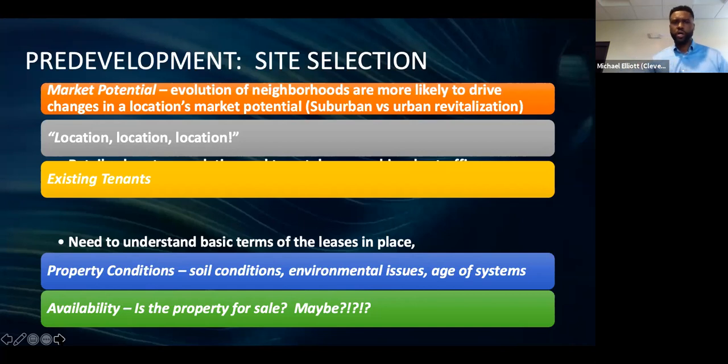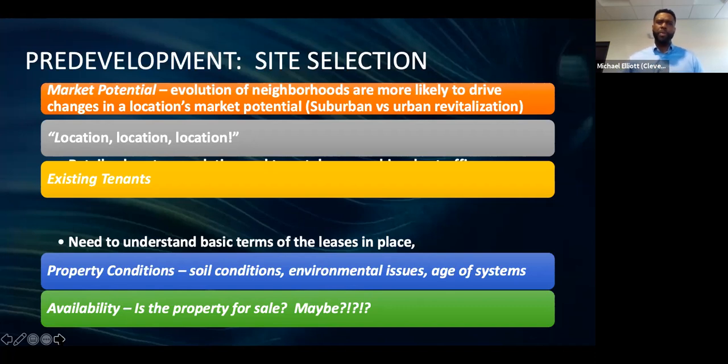Another thing we want to talk about is existing tenants in general. We talked a little bit about that before: when you're evaluating a particular property that has existing tenants, make sure you're taking a look at the terms and conditions of that existing lease before you make that investment, especially if you have a vision for the property, since you may not want to bother too much with those paying tenants in that area. So be careful of that.